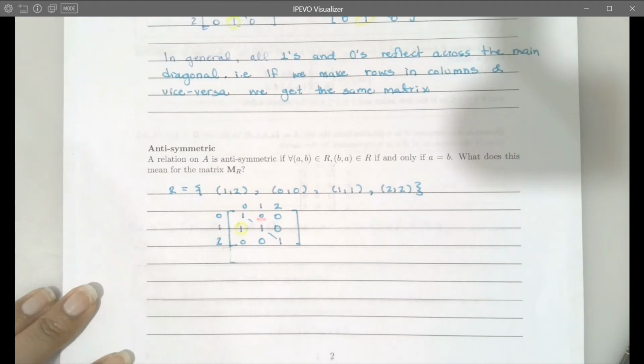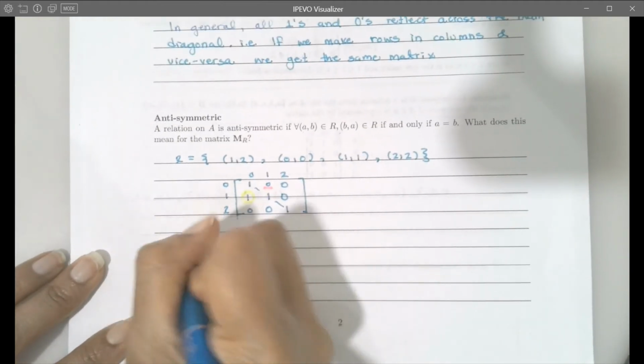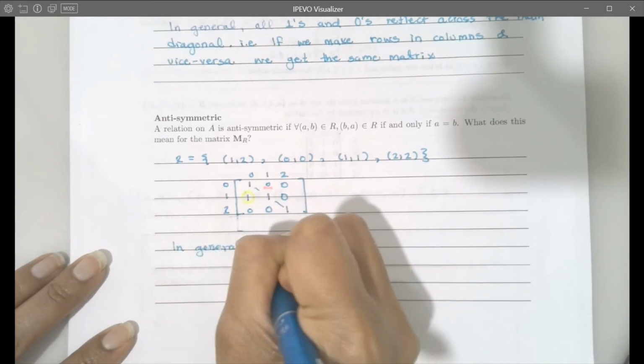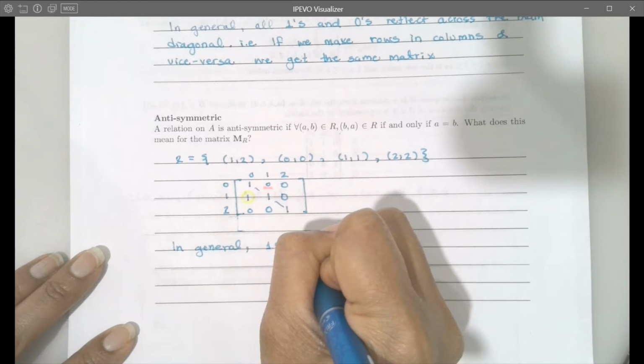All right. Let me just write that in general. So in general, 1s are allowed along the diagonal.